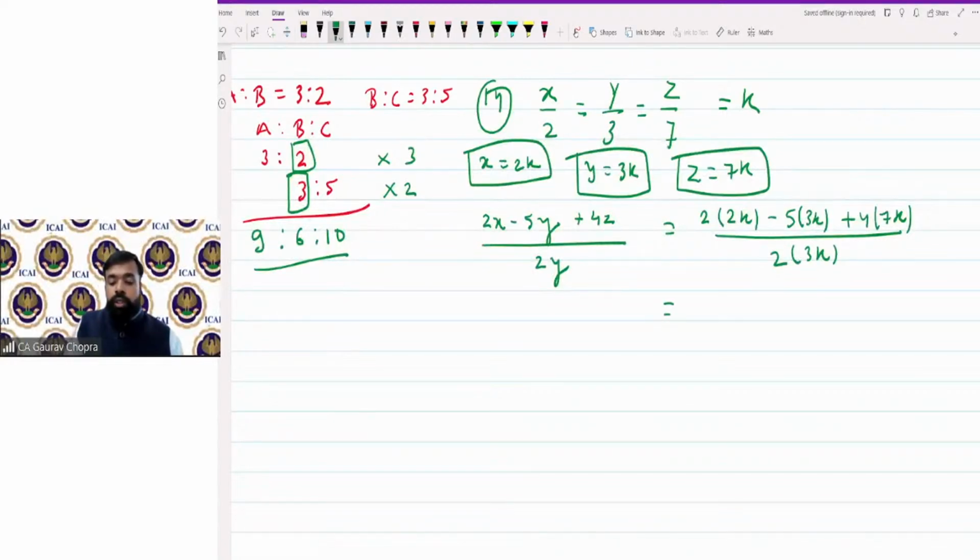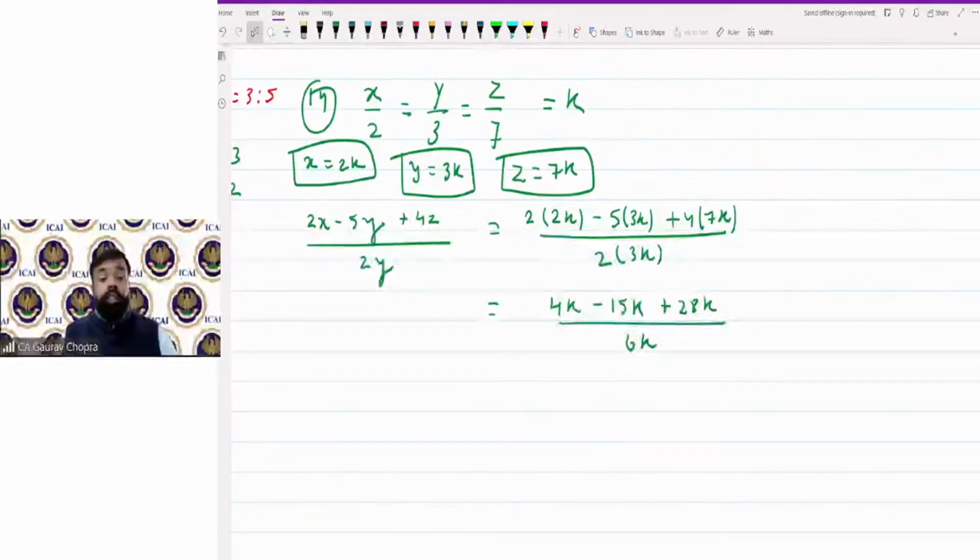So let's see what is the result. 4k minus 15k plus 28k upon 6k. So what is the result? 4 plus 28 is 32, minus 15 gives 17. 17 upon 6. k and k will get cancelled. All right. So this is question number 14.